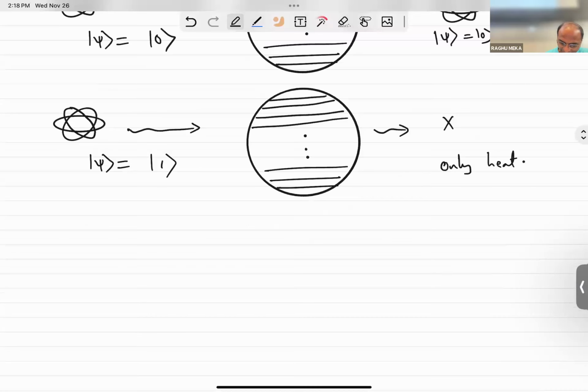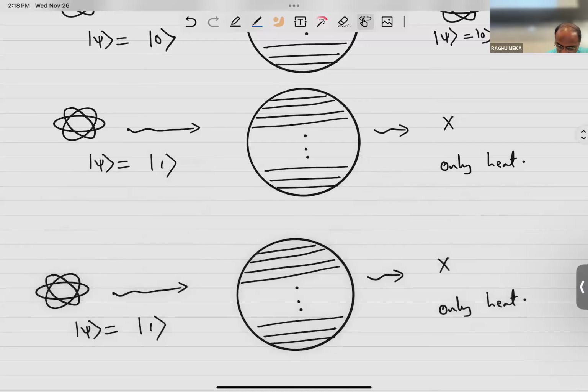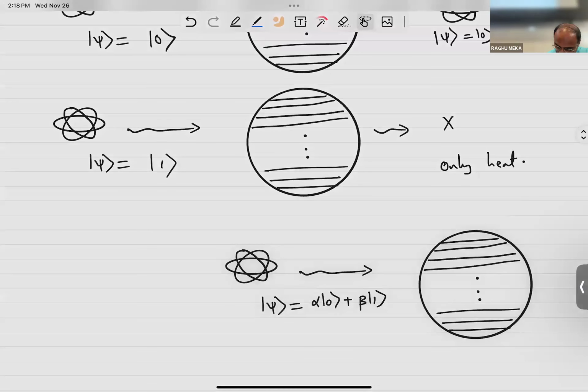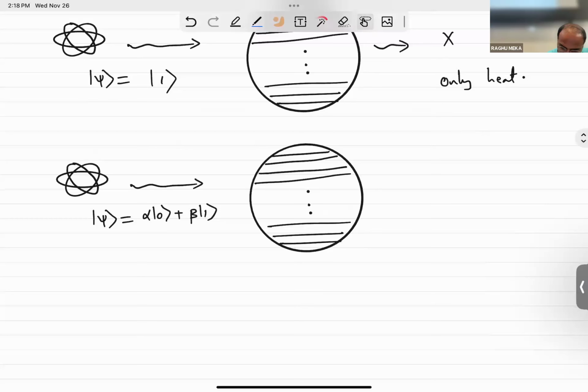Let's do maybe one more calculation. Let's say I send one over square root 2 times 0 plus one over square root 2 times 1. This was our plus state. If I send this across, what happens?